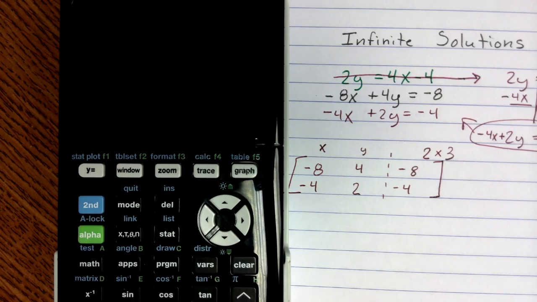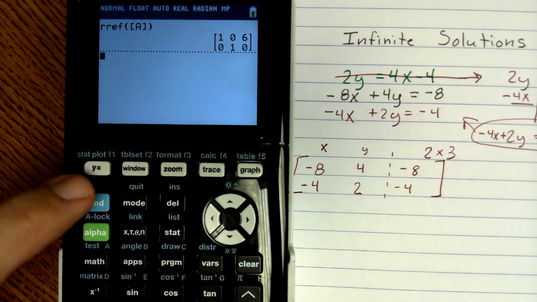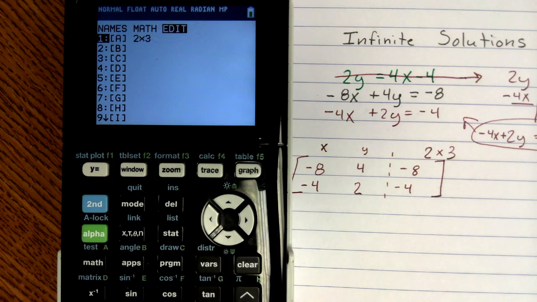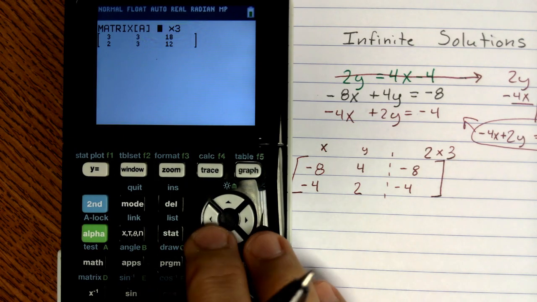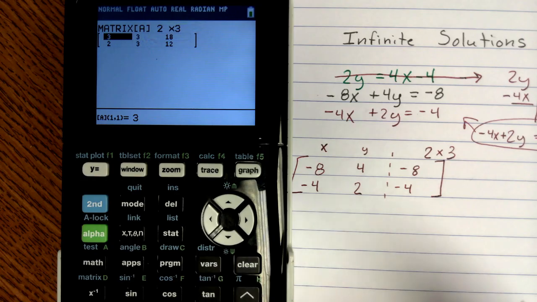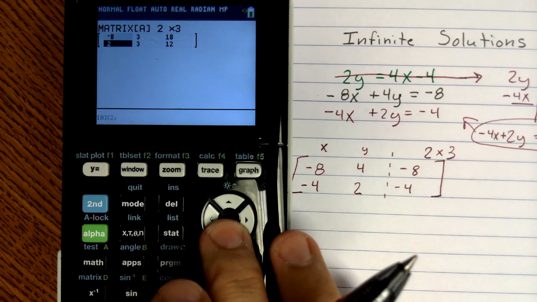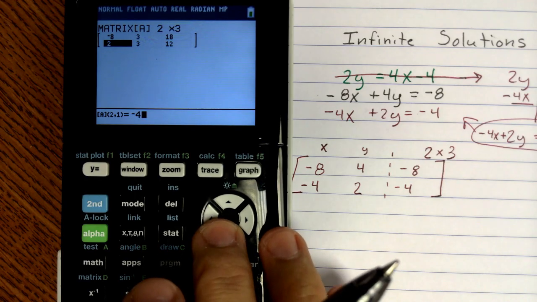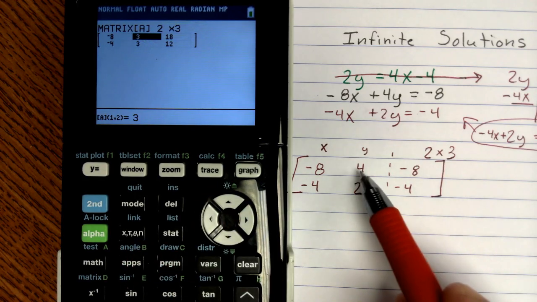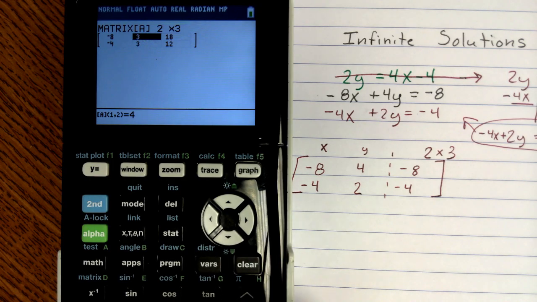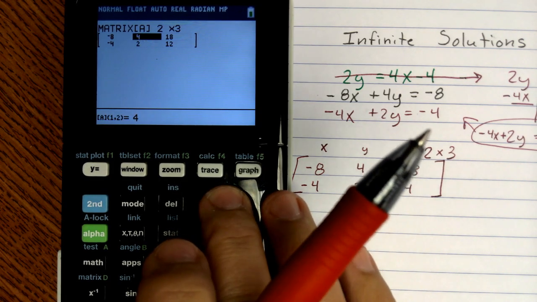So I'm going to turn it on, and we're going to hit second and matrix. I am going to just go to the existing matrix. It's the same size, and I'm just going to rewrite the information in there. So first column, notice we have negative 8 and negative 4. Second column, I have 4 and 2.